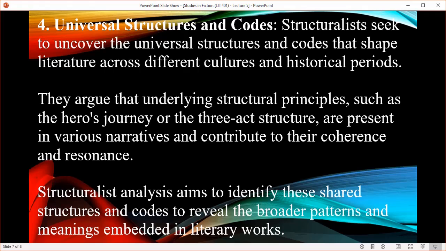There are patterns when it comes to writing fiction that works across the globe. Therefore, while using structuralism for analysis, the target is to identify the shared structures and codes that will help us to reveal the broader patterns and meanings embedded in literary works.